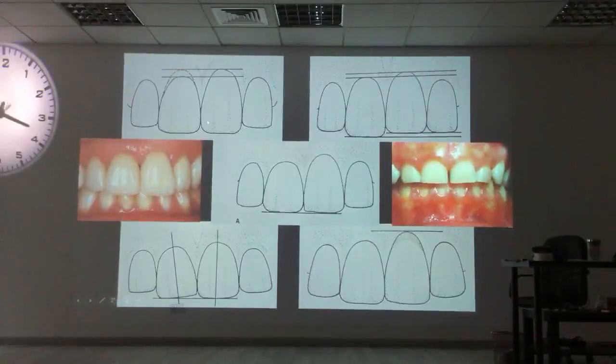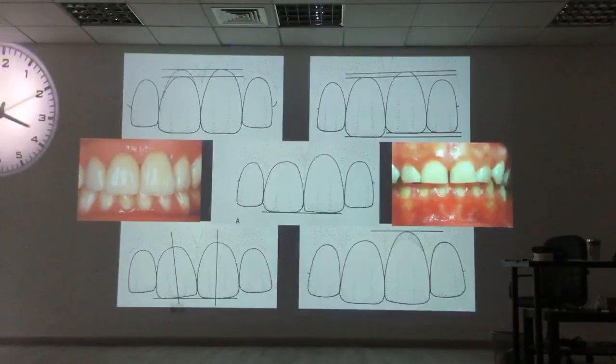Because this only depends on the level of the bone. If we have a good level of the bone between the two centrals, then we don't need to remove bone. No, the point of this exercise is you pay attention to the prosthesis, not to the bone.